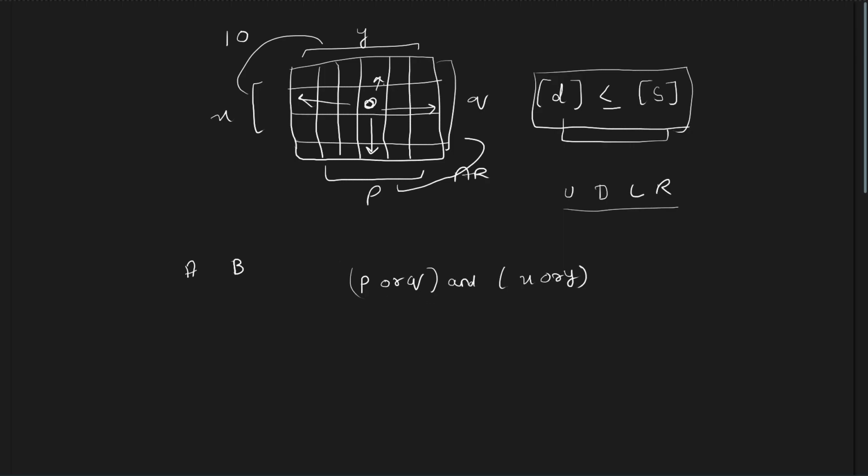But the problem is we cannot check this for each of the cells individually, right? This will be a lot of problem, because even if you do DFS, it will take a lot of time to do this for all of the cells, right?